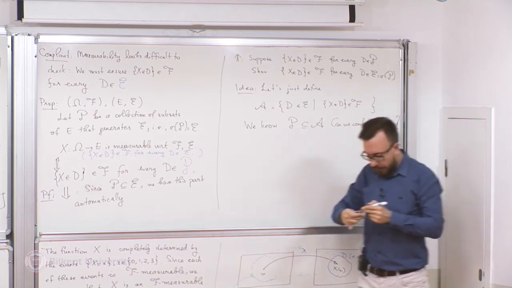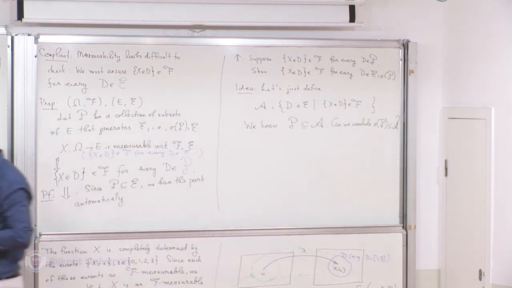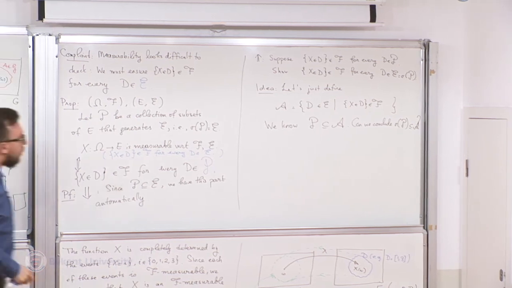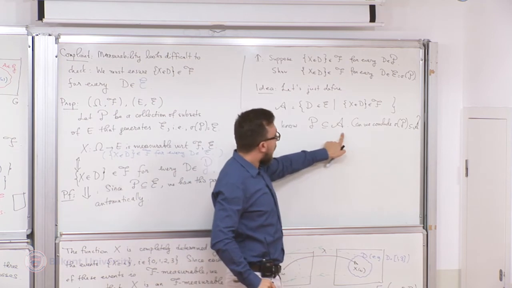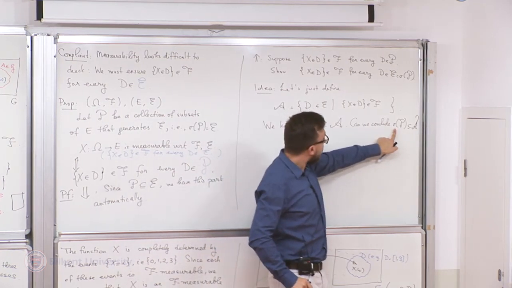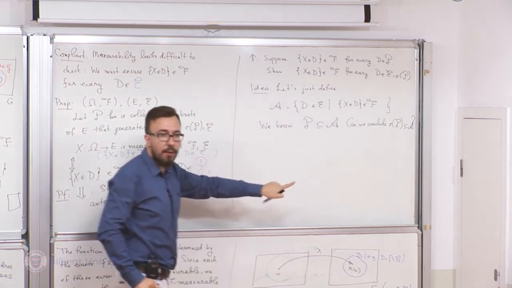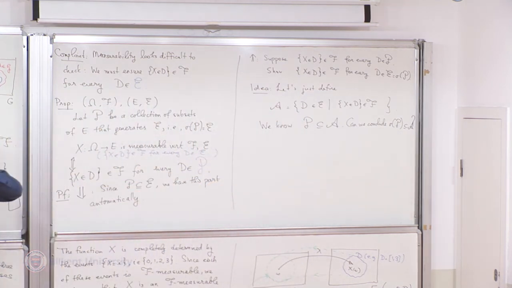Okay, let me wait. So P is in A. How would you pass to the conclusion that sigma P is in A? What would you need to show? A is a sigma algebra, right?